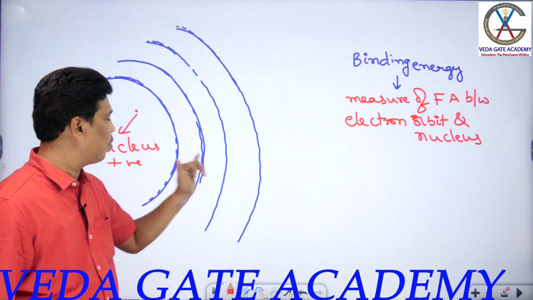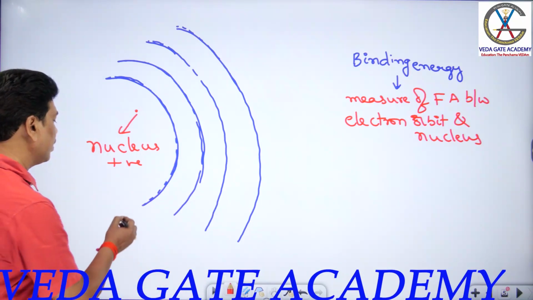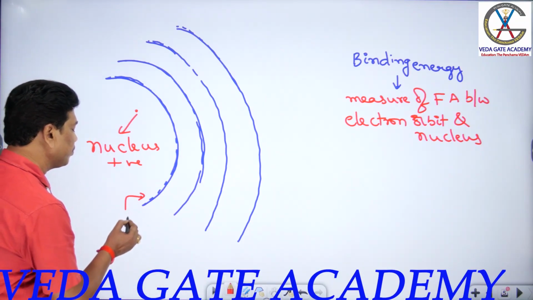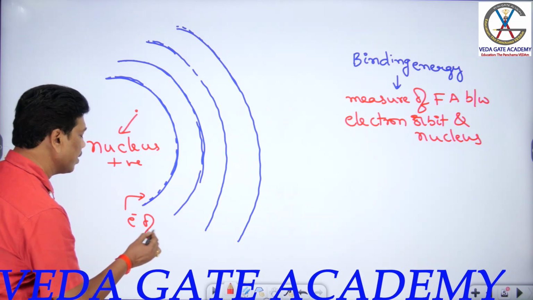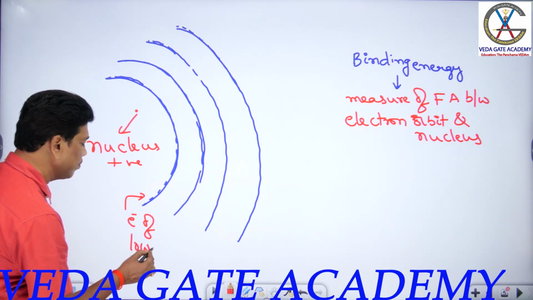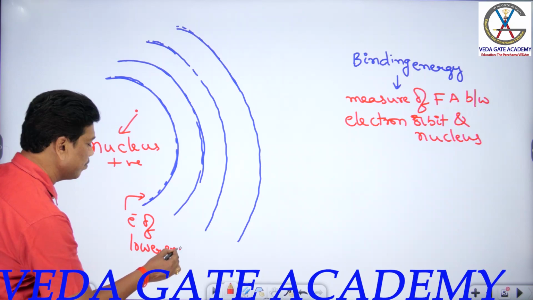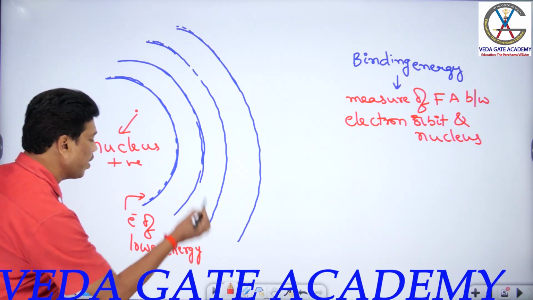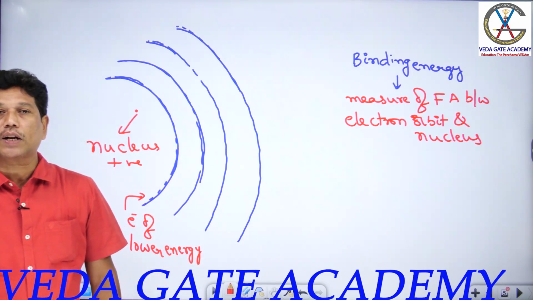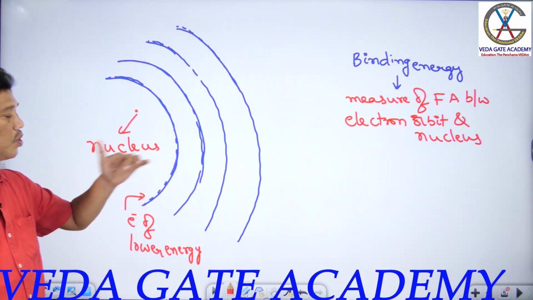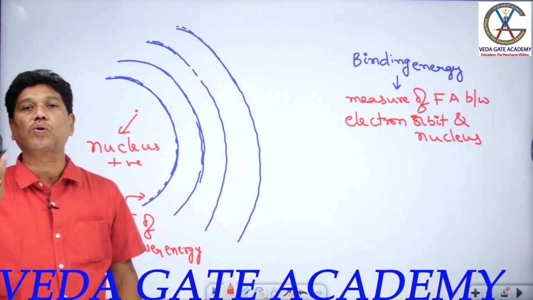Sir, who is this? This is an electron of lower energy. Remember my option? An electron of lower energy is revolving around the nucleus very close to it.